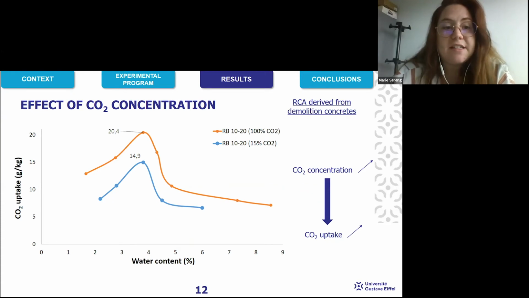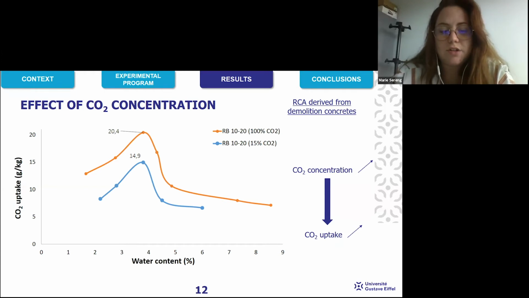About the effect of CO2 concentration for RCA derived from demolition concretes, we tested two concentrations of CO2. The first is 100% CO2 concentration, to obtain the maximum CO2 uptake for RCA. And the second is 15% CO2 concentration, because this is the concentration of the gas in cement kilns.